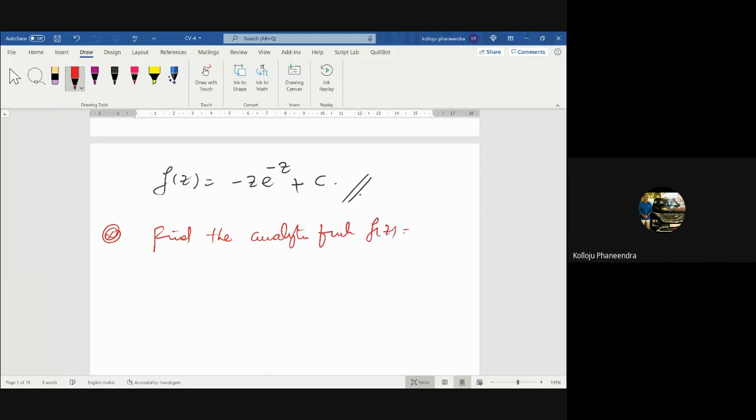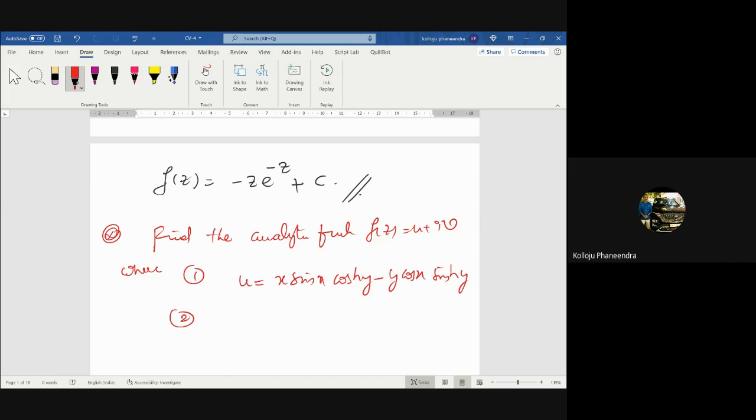f of z equal to u plus iv, where in the first question u equal to x sin x cosh y minus y cos x sinh y.